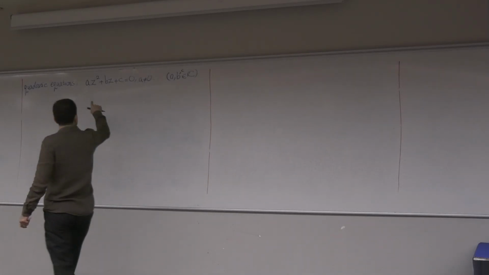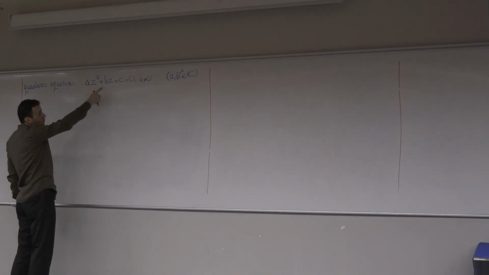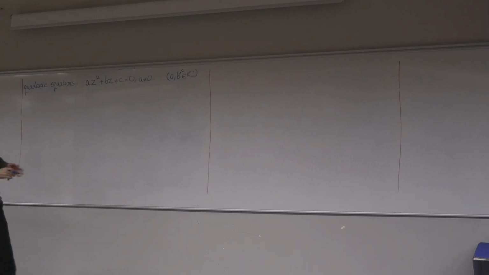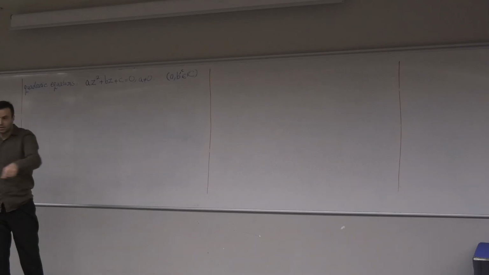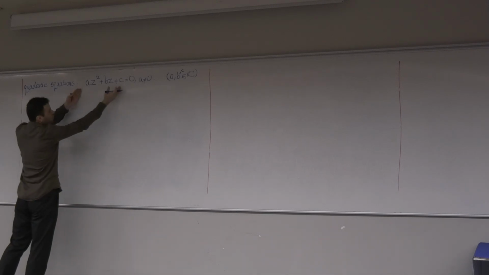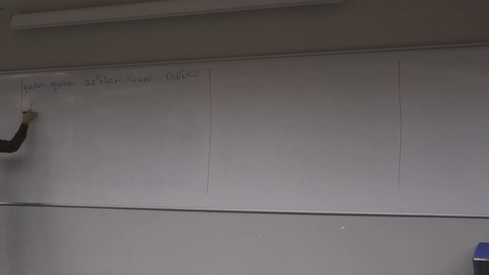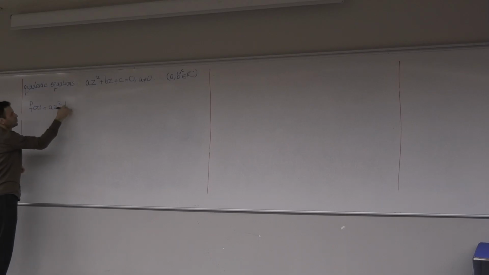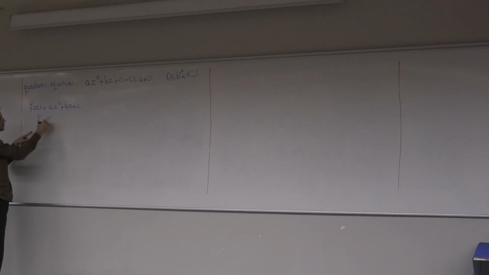The thing is that all of them are complex numbers, so you cannot interpret this in the usual way. If you take f(z) = az^2 + bz + c, this is actually a function from the set of complex numbers to the set of complex numbers.